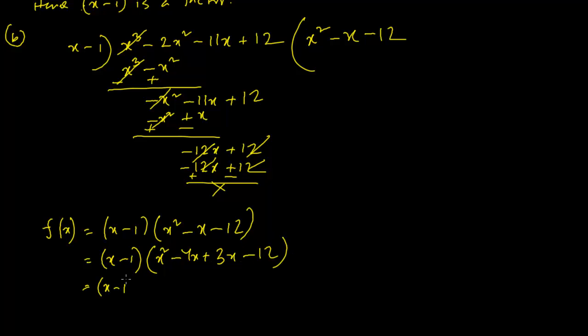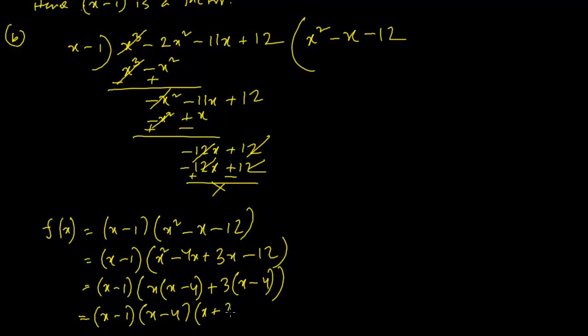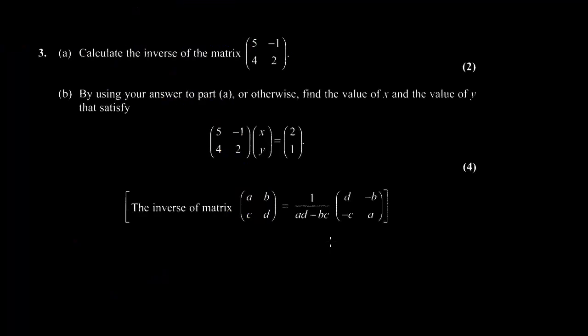So we can write x minus 1. If we take x common, we can write x minus 4. If we take 3 common, we can write x minus 4. So the factors become x minus 1, x minus 4 and x plus 3.